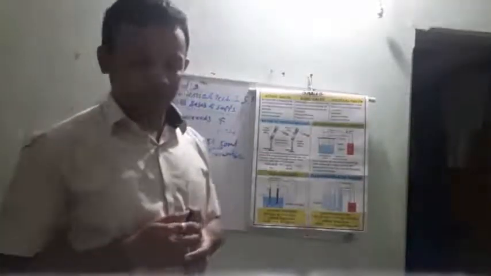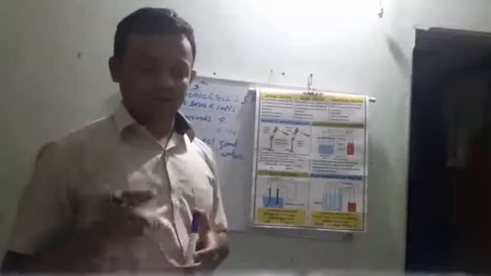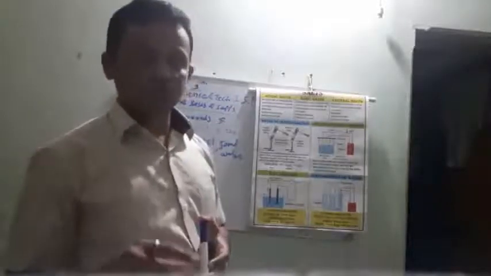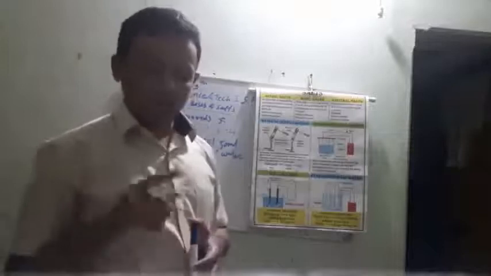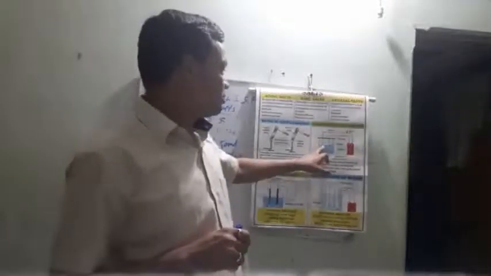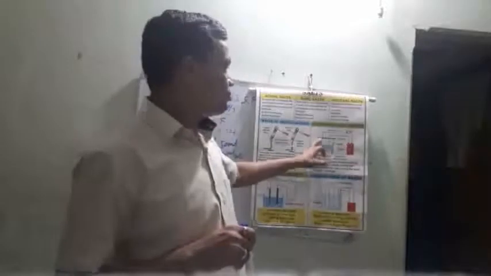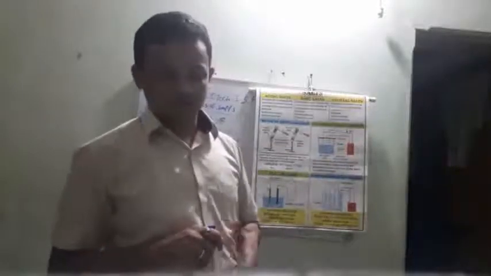Now take two electrical wires and connect them. One wire is connected to the positive terminal of the battery, and the other wire is connected to the negative terminal of the battery.